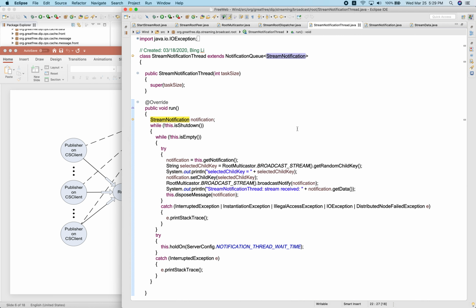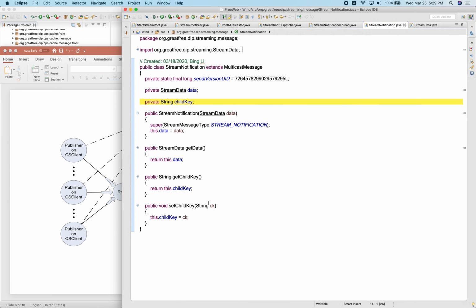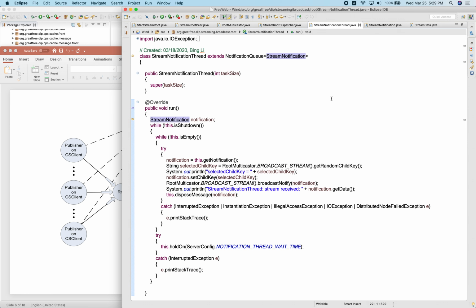So the data within this notification, we need to have this K. Because only one child is selected, the child that matches this K is responsible for broadcasting the stream to all the subscribers that are interested in one specific topic and the publisher.